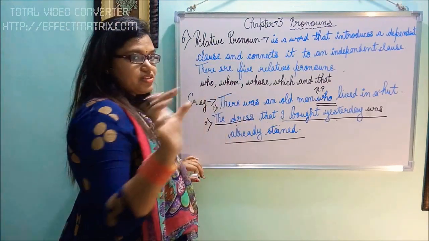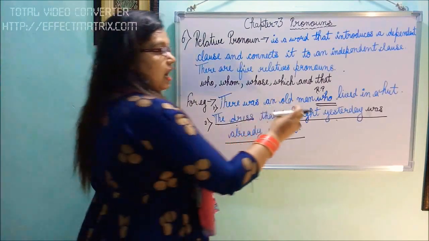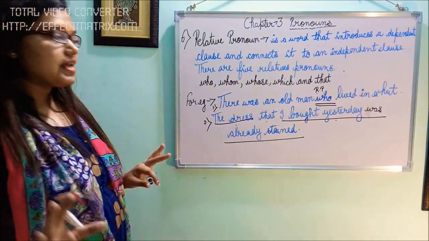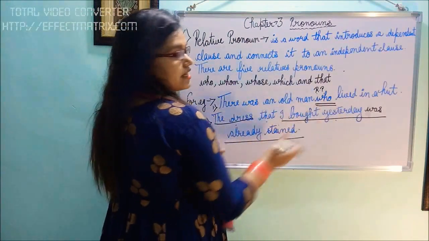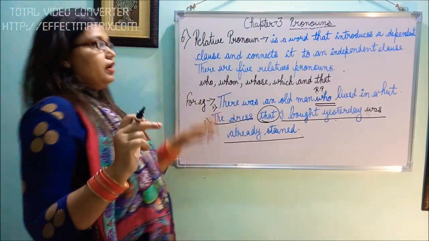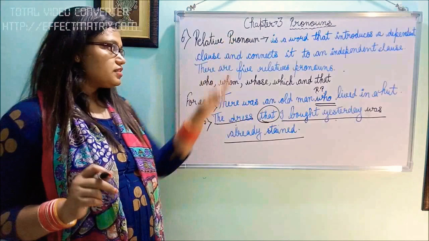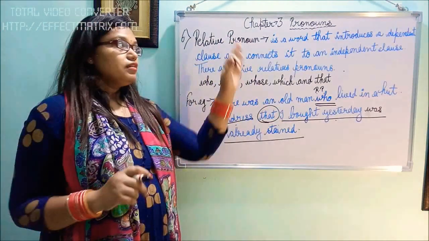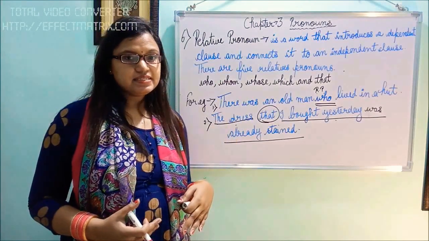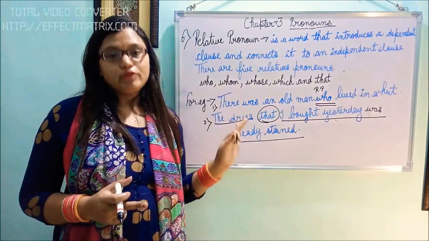The dress alone is not giving a proper sentence. I bought yesterday was already stained is giving proper sense. So we have joined these 2 sentences with this word that, and that is called relative pronoun. Understand students? The words which are used to join the 2 sentences and make one sentence are called relative pronouns.